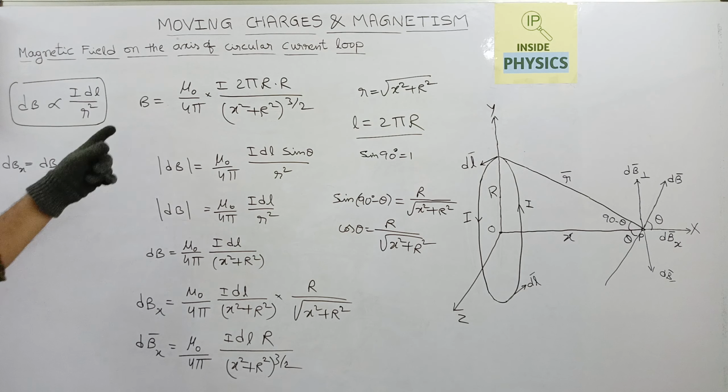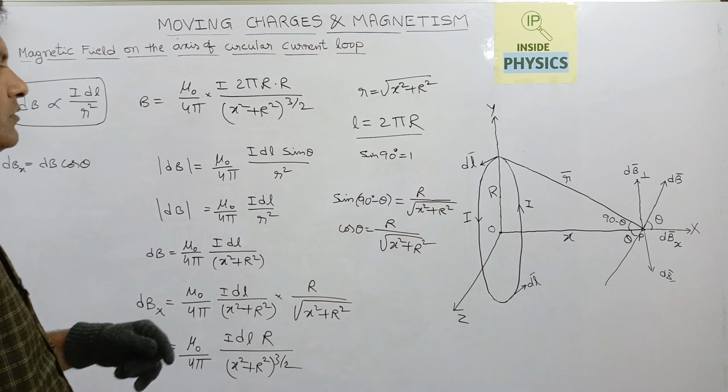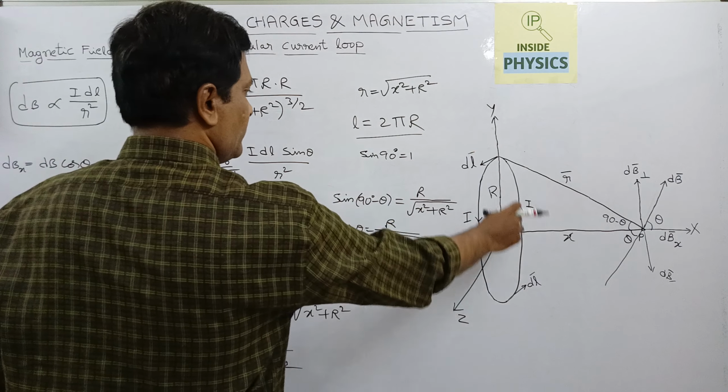This is the total magnetic field due to the entire current loop.